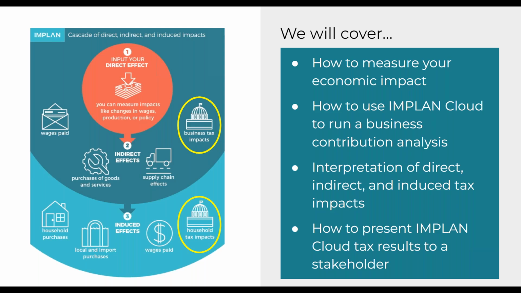We'll look at how to run a contribution analysis in IMPLAN, which I'll talk about in a second on why we would want to do that. And then looking at the interpretation of those direct, indirect, and induced tax results, and really how to present these in a report. That last bullet point, we'll look at a couple examples that have been done using IMPLAN on how to look at some tax impact data.